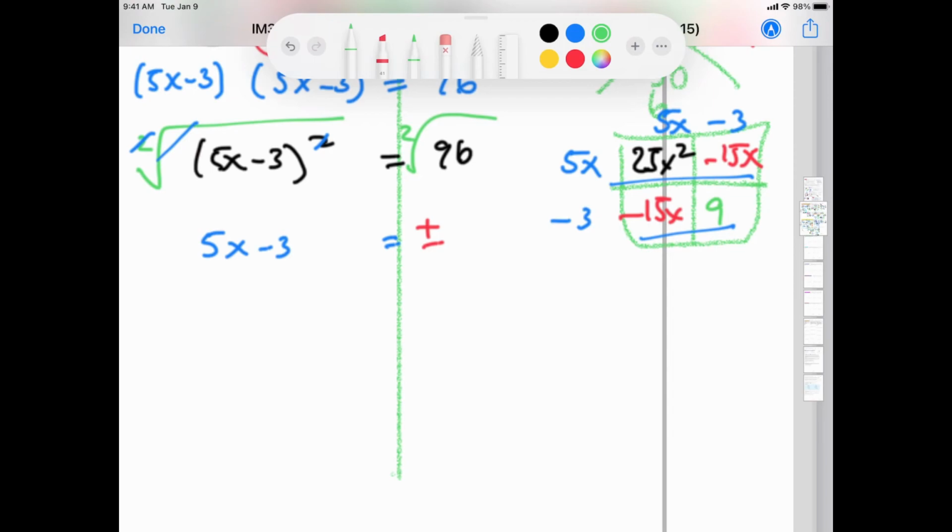Okay, so I have square root of 96. I'm going to guess 16 and 6. I guess, maybe. And it works, because I get 4 radical 6.